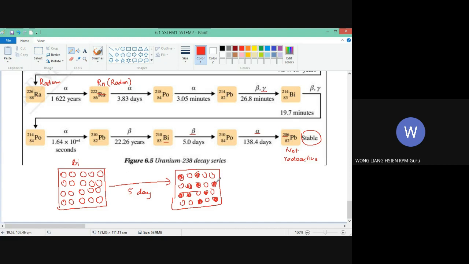That means this one is no longer bismuth, but becomes polonium-210. Okay, this one is still bismuth-210. You understand? So these 5 days is the half-life of this bismuth-210. Okay, get that idea. So this is what it means by half-life. Okay, it's very simple. Okay, continue.